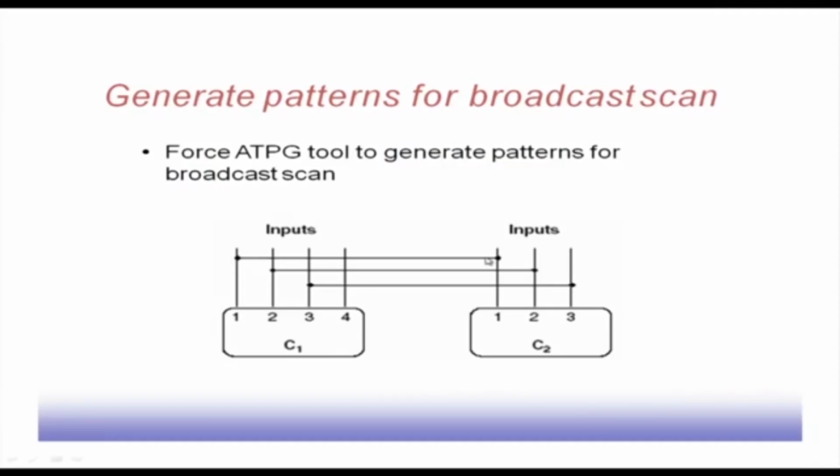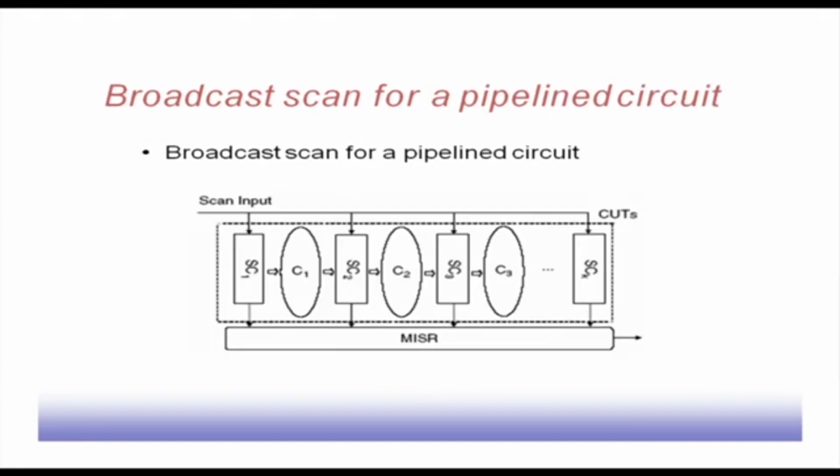However, if we modify the circuit so that these two inputs are shorted, whatever you give here will also appear here. If this modified circuit is fed to the ATPG, it will generate patterns where bit number 1 of C1 and bit number 1 of C2 are going to be the same. That way, if we modify the circuit and give it to the ATPG, it can generate test patterns which are similar for C1 and C2.